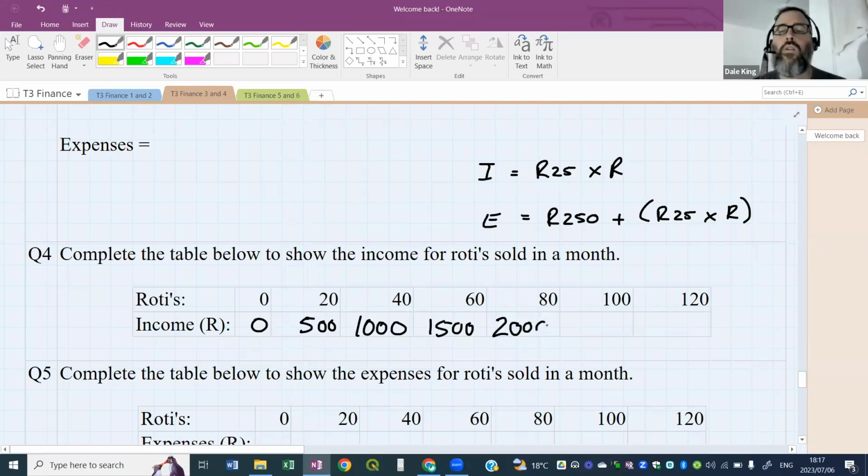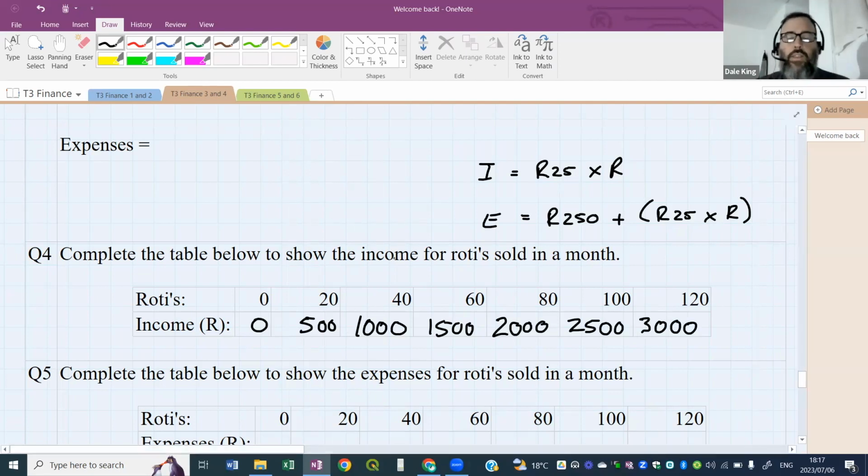Excellent. For 100, it's 2,500. And then lastly, for 120, it's 3,000. Excellent. Katlecha, thank you so much for your help. A superstar.